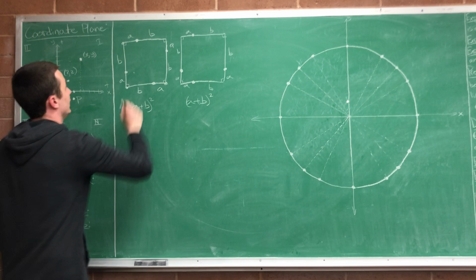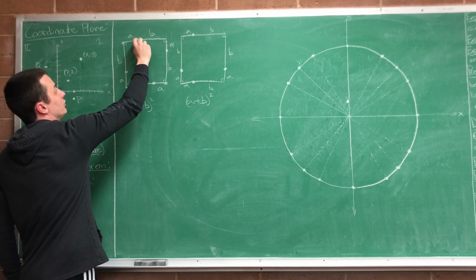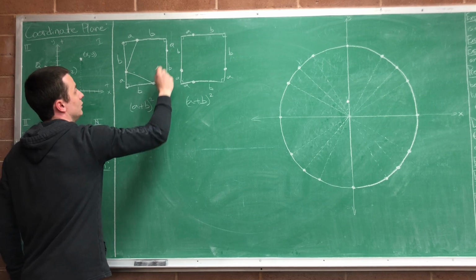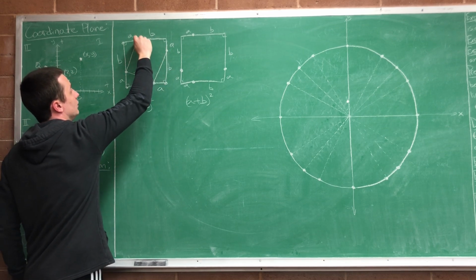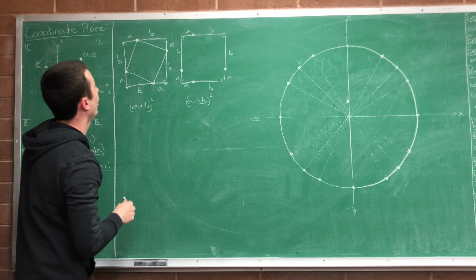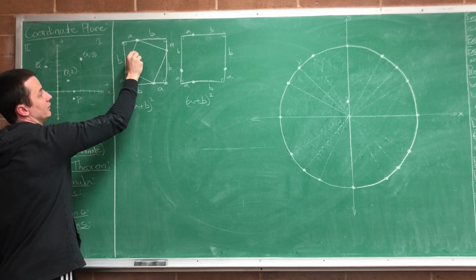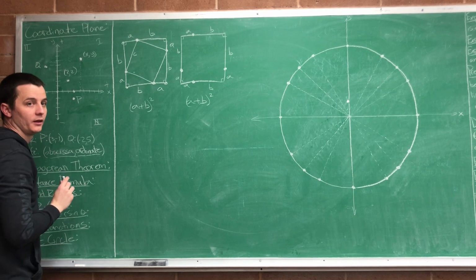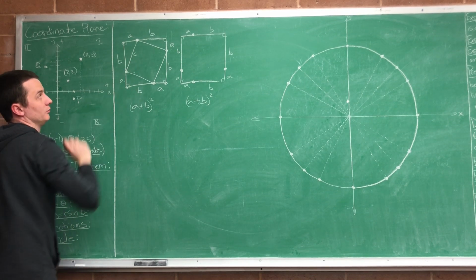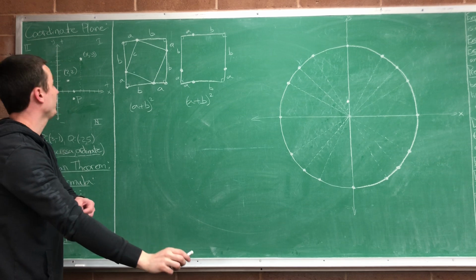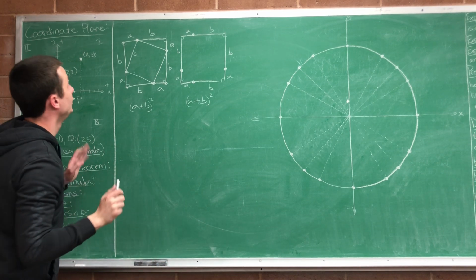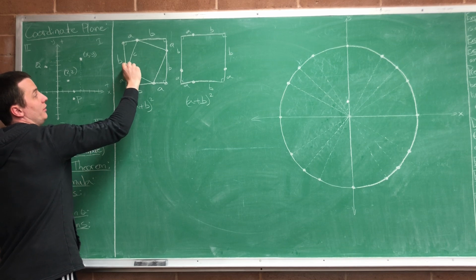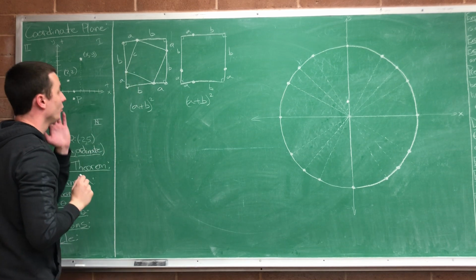Now on this left-hand square, we're going to create a bunch of right triangles. And I'm going to call the side length of this right triangle right here C. Good? C is the distance from here to here. Okay. Now, notice something. This is a right triangle.